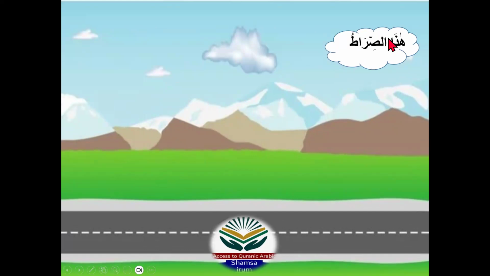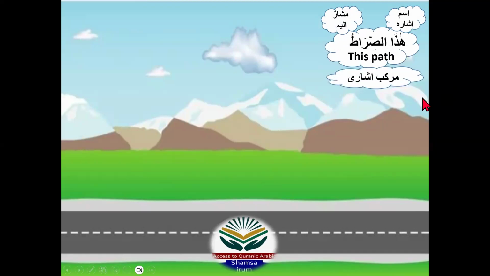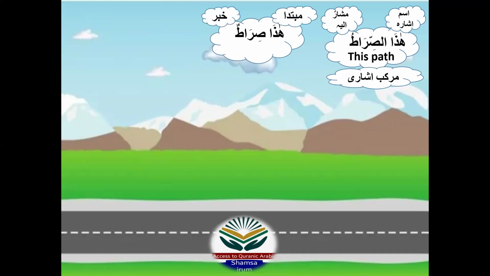After ism ishara, the next word starts with al, so I hope you get the clue now, it is a murakkab ishari. هذا is the ism ishara and as-siratu is the musharun ilay. It means this path. It's incomplete, it's not giving me the full meaning. The next cloud is murakkab ishari: haza siratun. So haza is the ism ishara and siratun is the khabar now.